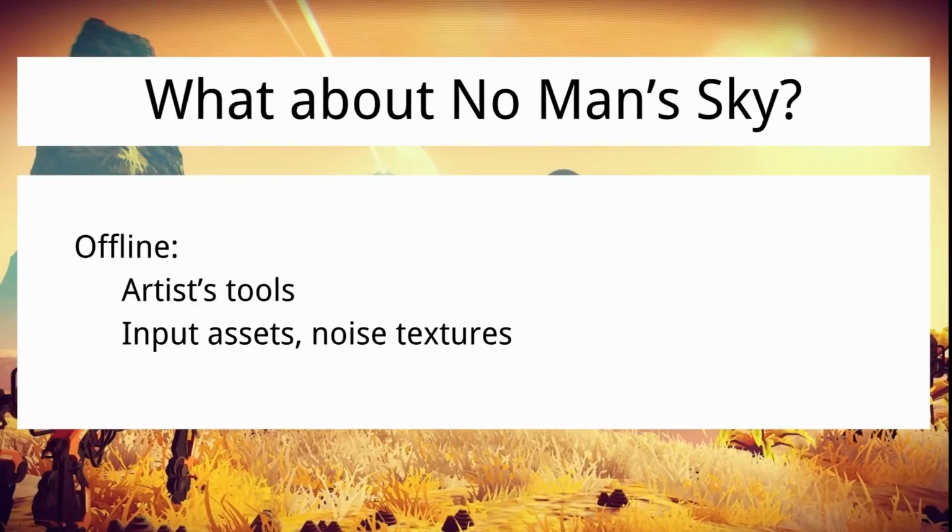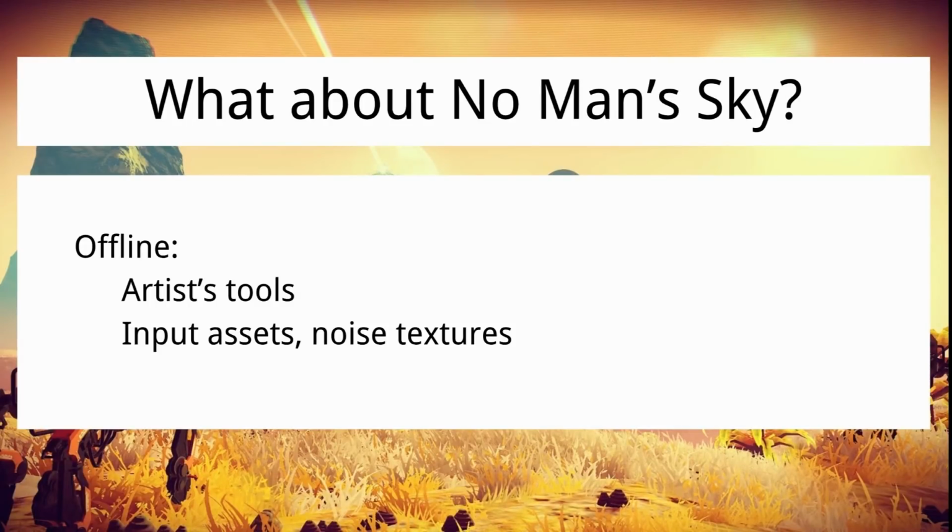So what about specifically No Man's Sky? We do all three of those things. Our artists use tools that are entirely offline. They create, for example, our terrain textures. A lot of the assets they create will be recolored in game, reconstituted and recombined with other assets. For example, creatures: they'll create loads of different creature parts, but then we'll build those together in game into a hero model.